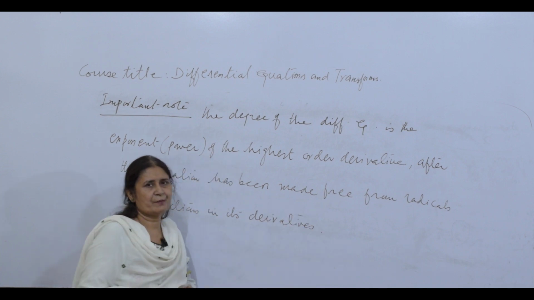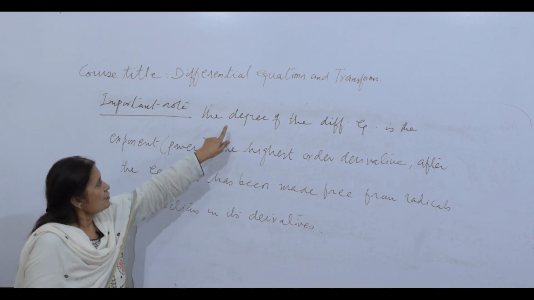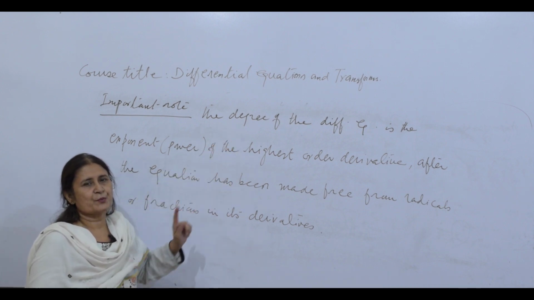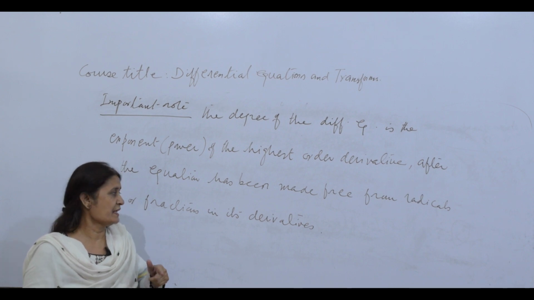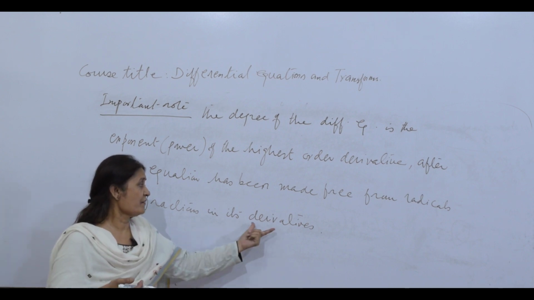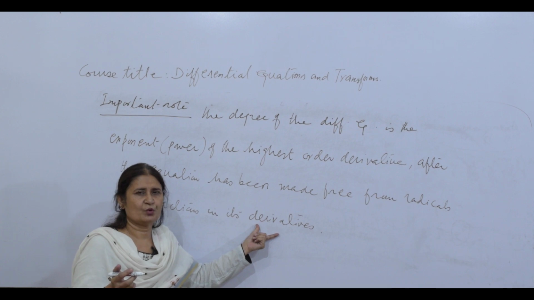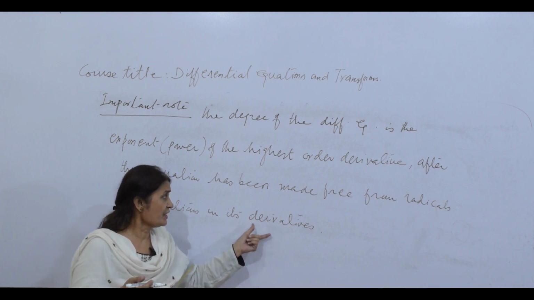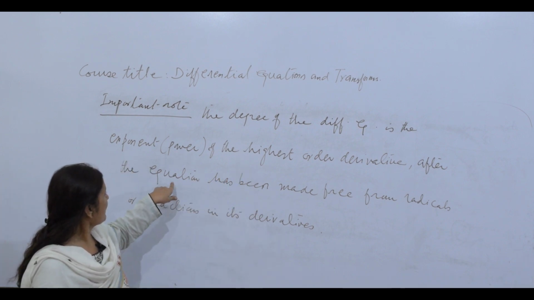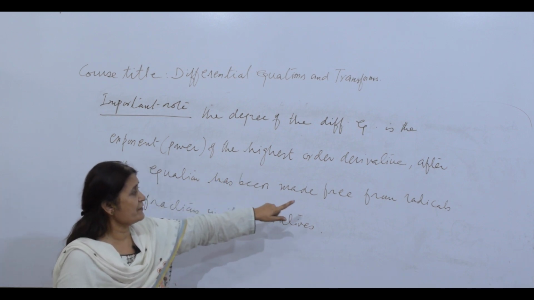Look, this is a very important concept. So the degree is going to be the exponent of the highest order derivative, but if your differential equation contains derivatives under the radical sign or derivatives in fractions, how do we define the degree in this case? So you have to have the equation made free from radicals.